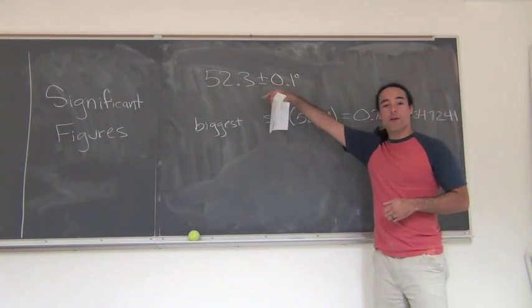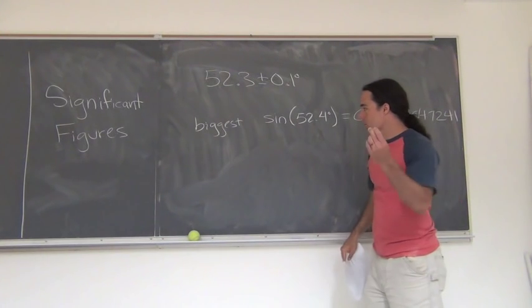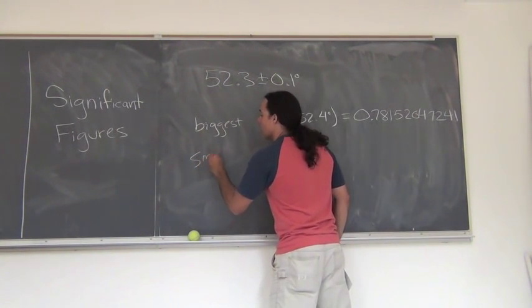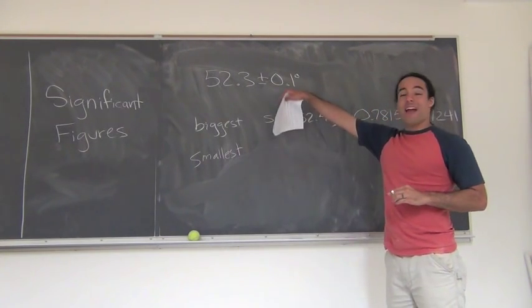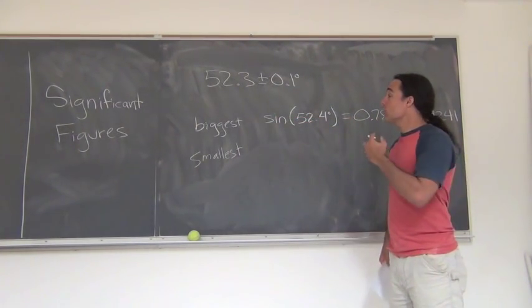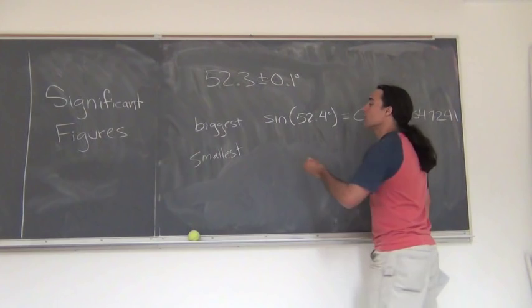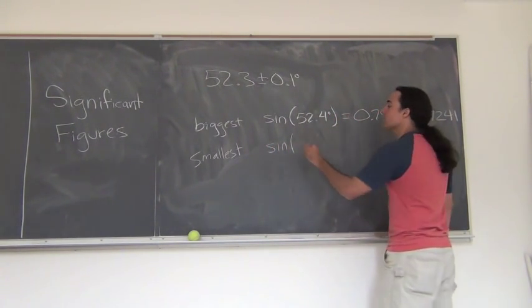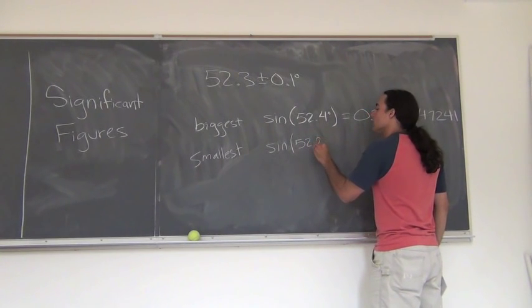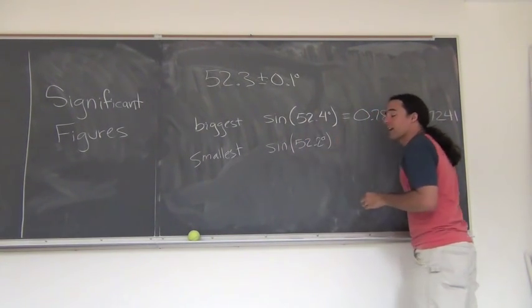What's the smallest my angle can be? Well, the smallest my angle can be is 52.2 degrees. So the smallest my sine could be is the sine of 52.2 degrees. That's the biggest the sine can be.